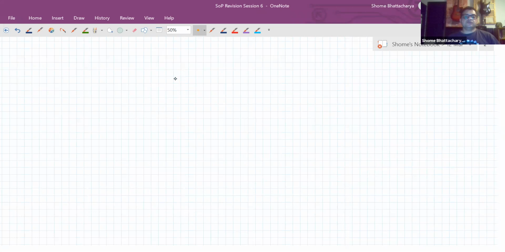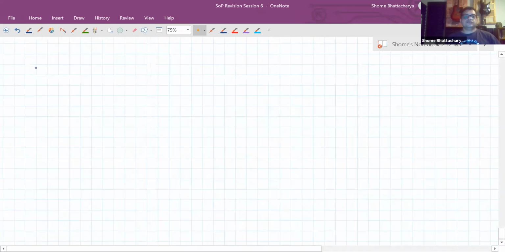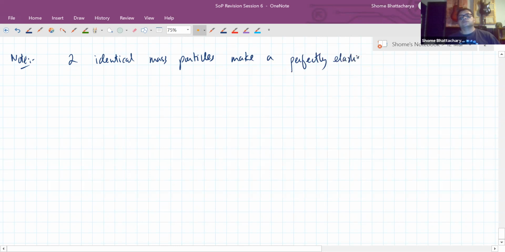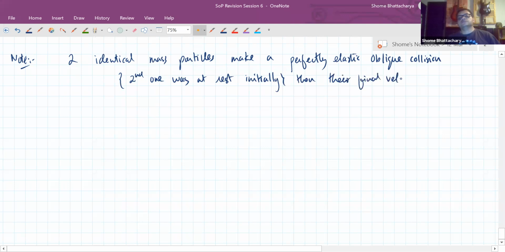So another interesting result I'd like to emphasize from this kind of concept here is that if two identical mass particles make a perfectly elastic oblique collision, where the second one was at rest initially, then their final velocities are perpendicular.